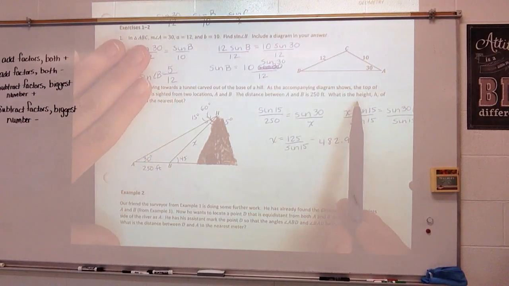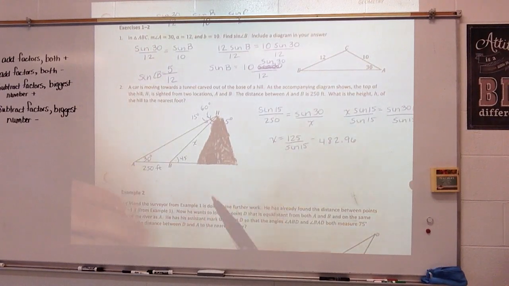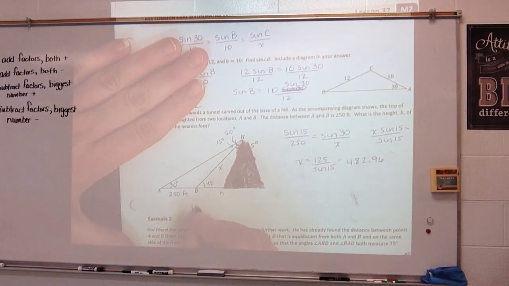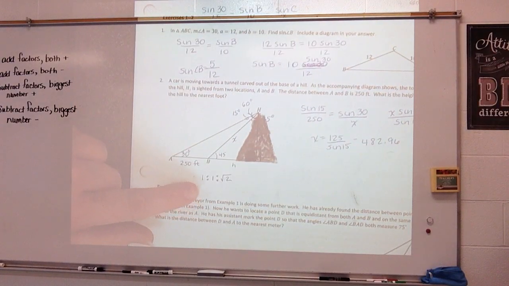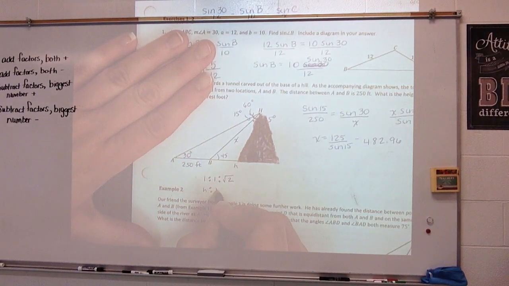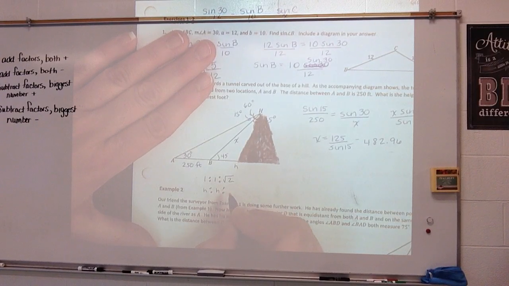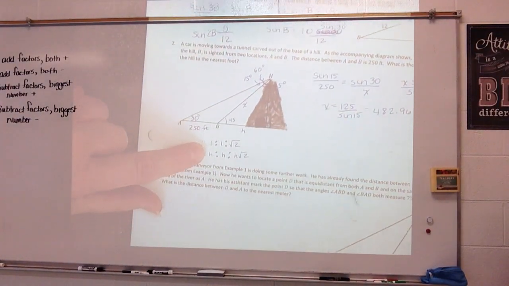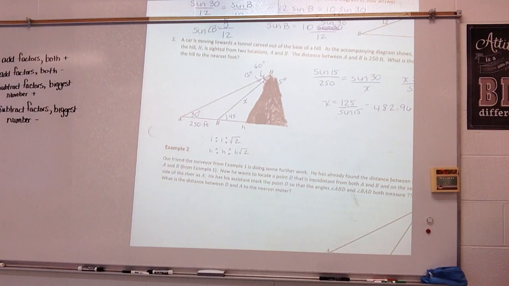Remember, our whole goal is to find little h, which is this right here. Here are my side lengths for a 45, 45, 90 triangle, which is H, H, and H times the square root of 2.